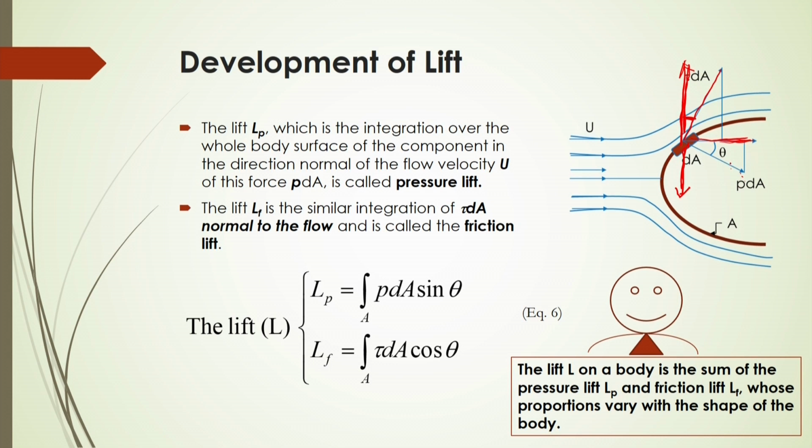Now, this L_F is the similar integration of tau dA normal to the flow, and L_P again is the integration over the whole body surface of the component in the direction normal to the flow velocity u.